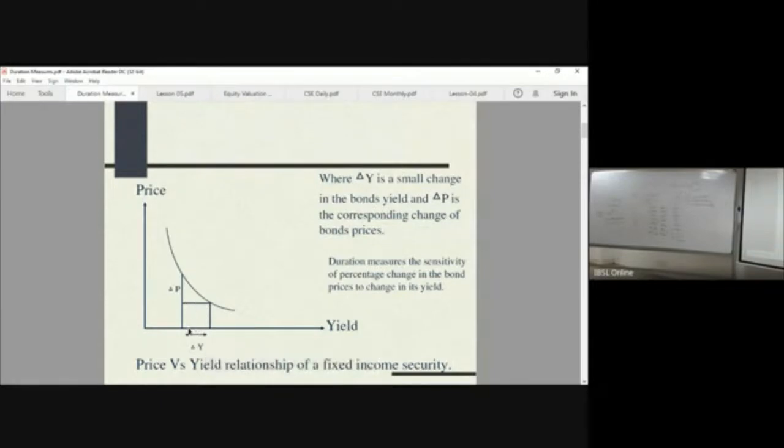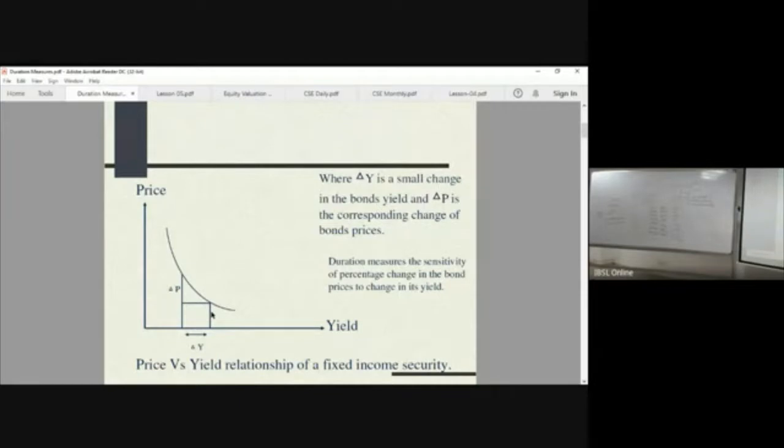For a tiny delta y only, we have a straight line here. But if you have a higher change of interest rate, there's no hard and fast rule to say what is higher, but in my opinion, it is more than 150 basis points, 1.5%. Then we can consider it as a substantial interest rate change.